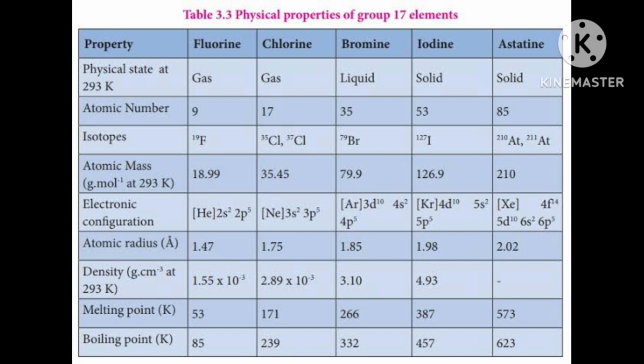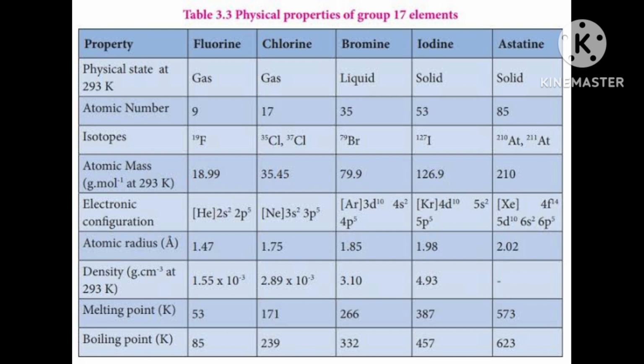The anomalous behavior of fluorine is due to its small size. That is the first reason why it is showing anomalous behavior. Second reason is highest electronegativity. Third reason is low F-F bond dissociation enthalpy.